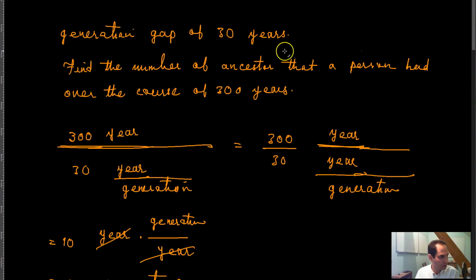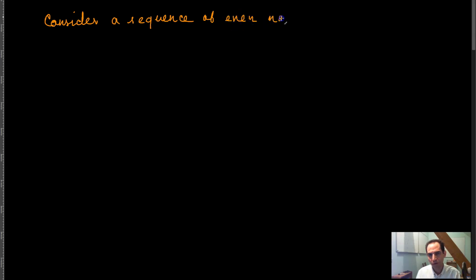As an example, let's consider the sequence of even natural numbers, which is of course 2, 4, 6, 8, and so on and so forth.